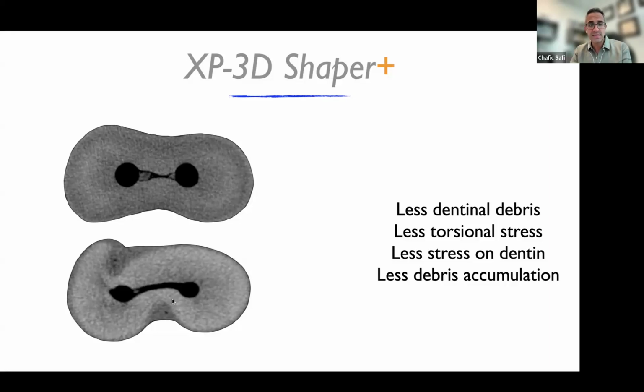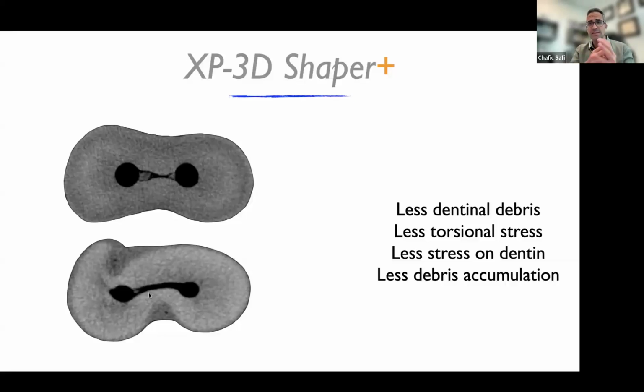We can see how the canals are not completely round because the original anatomy, which is non-round, has been respected. And since we are not compacting the debris in the isthmus, these debris have been loose in the canal and just been flushed out in order to yield a cleaner canal with less debris, less stress, and of course, less torsional stress because we're not grinding anymore the dentin.